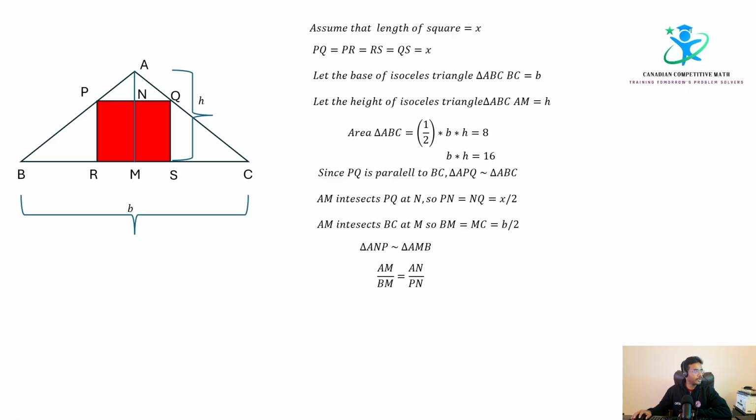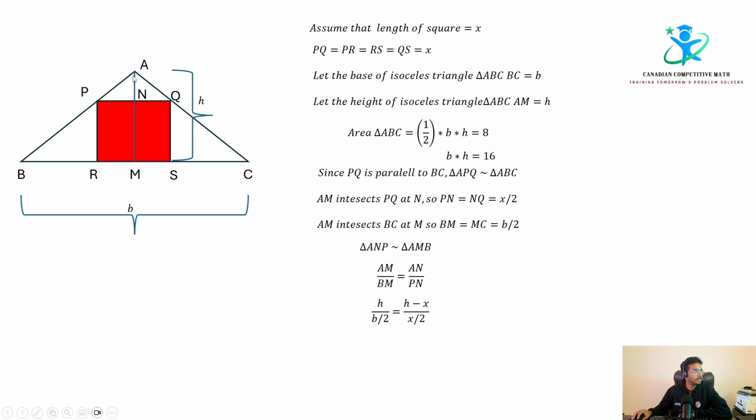From that, we can write AM by BM will be equal to AN by PN. So what is AM? We know that AM is H. What is BM? BM is half of BC, which is equal to B by 2.